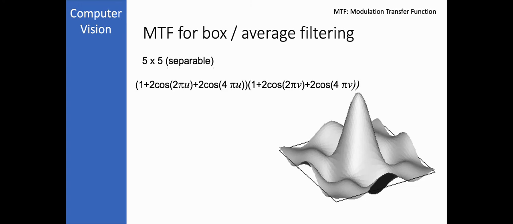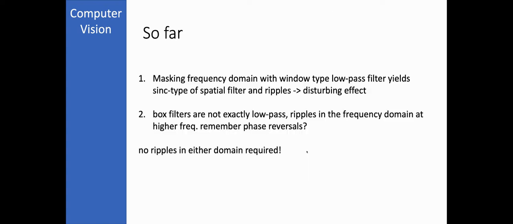Increasing the filter size doesn't solve this problem because I have a low-pass filter but with ripples, and now the ripples will be even more frequent. So it's not even a true low-pass filter, because some of the high frequencies pass, some of them are suppressed, and some of them are reversed. It is a very basic thing that you can use, but it's not the ideal thing.